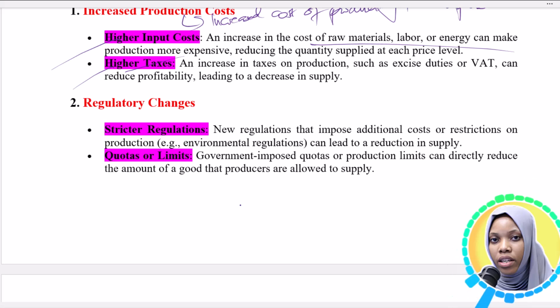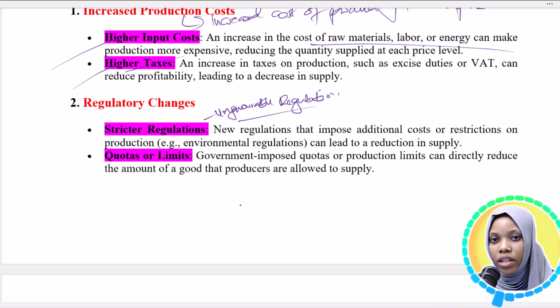Another factor is regulatory changes, and this can be through stricter regulations or quotas. Under strict regulations, new regulations that impose additional costs or restrictions on production can lead to a reduction in supply. And when the government imposes quotas, it can directly reduce the amount of a good that producers are allowed to produce. So unfavorable regulations can lead to a reduction in supply.